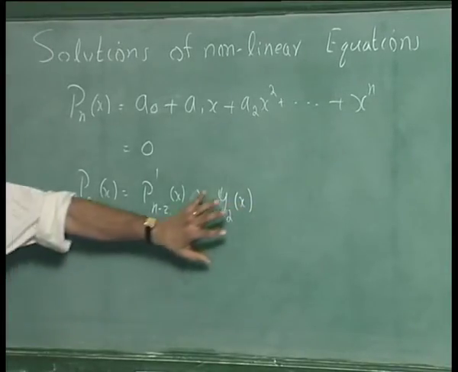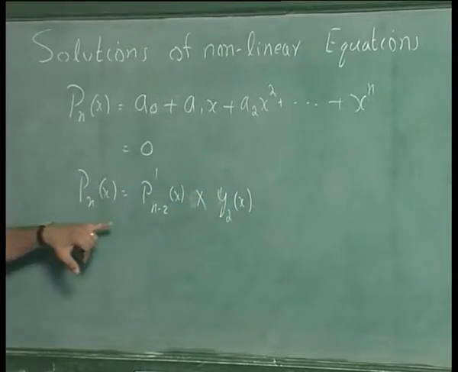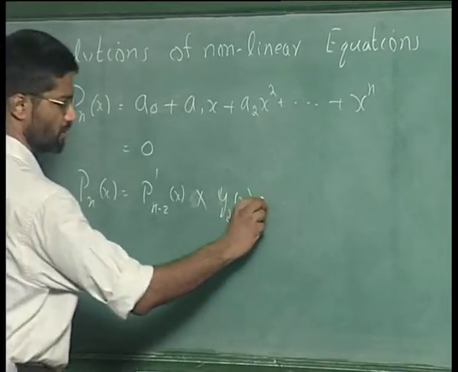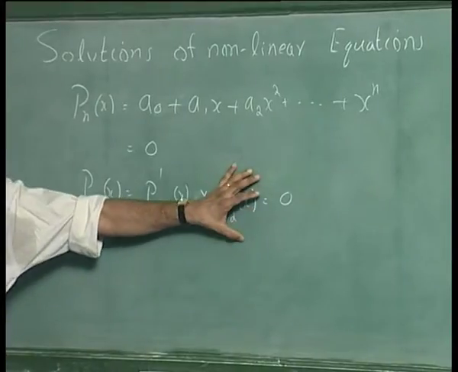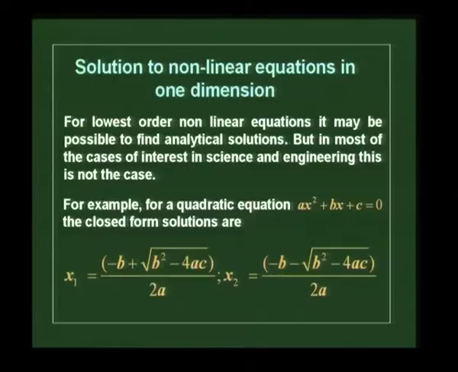So we had a quadratic polynomial multiplying this n minus 2th order polynomial, and then we knew we could find the roots of this. Now this is equal to 0, so it definitely has one root as y2 of x equal to 0, y2 being a quadratic polynomial, and we know how to find closed form solutions of a quadratic polynomial.